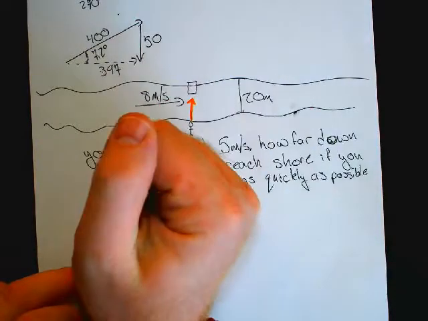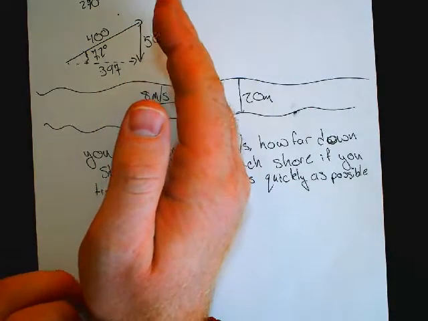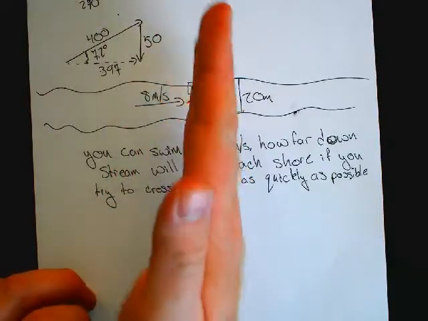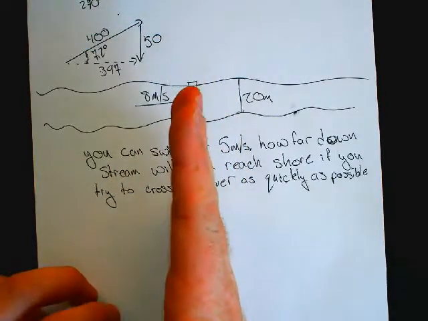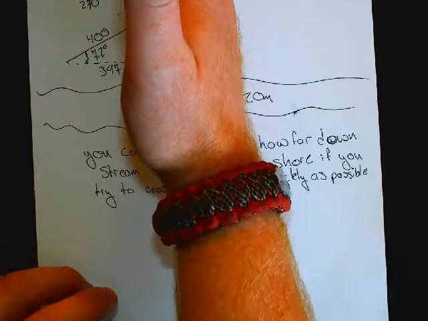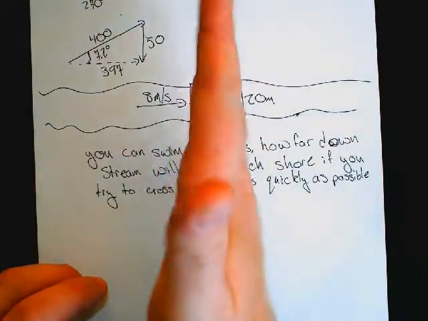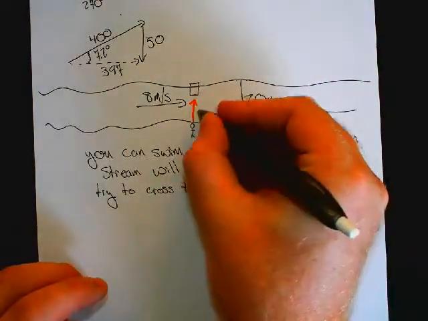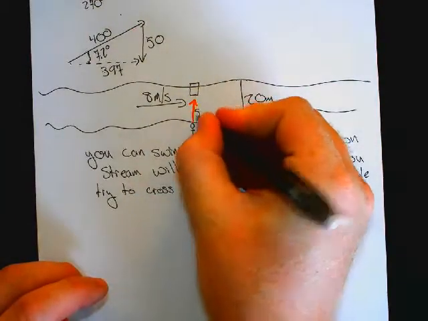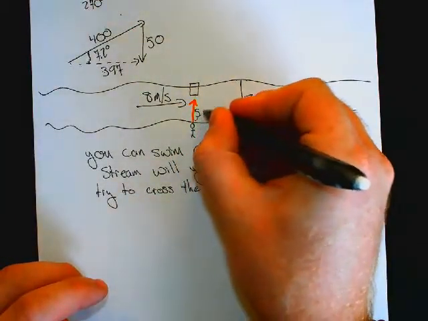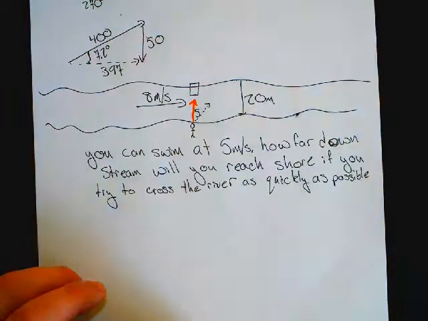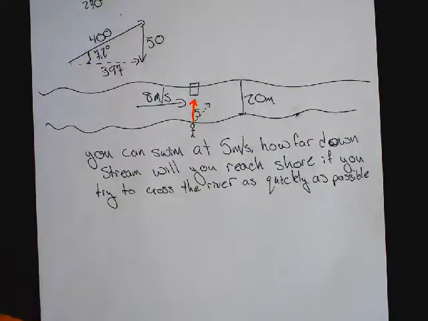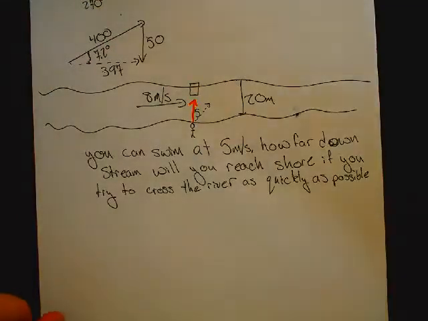Your total velocity would be faster with the current, but the amount of velocity that goes straight across is going to be lessened. Because if the maximum vector you have here is 5, and I start angling it, your hypotenuse is 5. Therefore, the part that's going across the river is less. Make sense? Other questions?